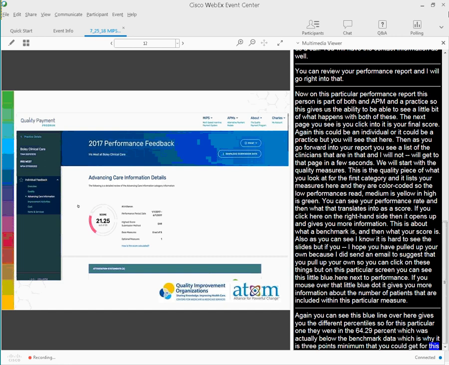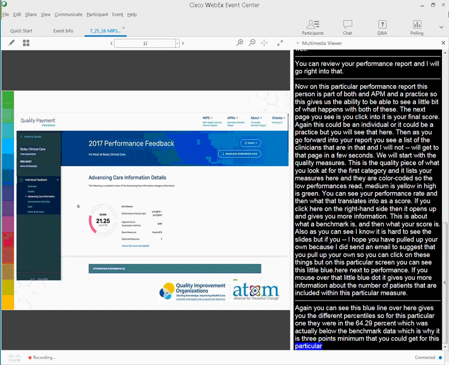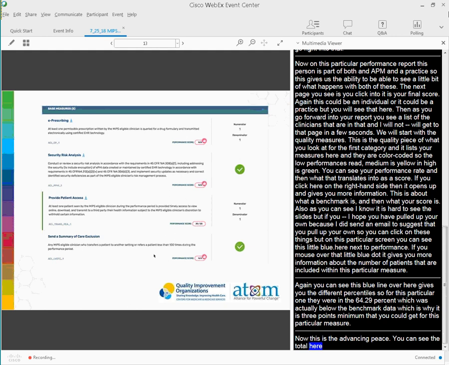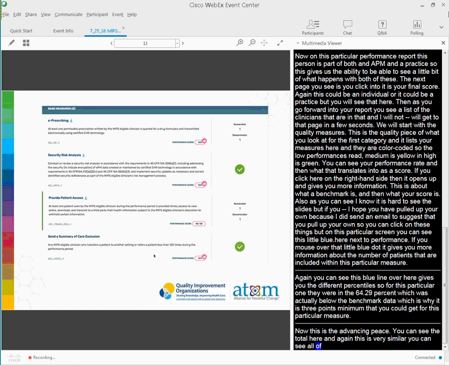Now, this is the advancing care piece. In the advancing care piece, you can see the total here. And again, this is very similar. You can see all of the different measures that you've reported on. And these are the base measures.